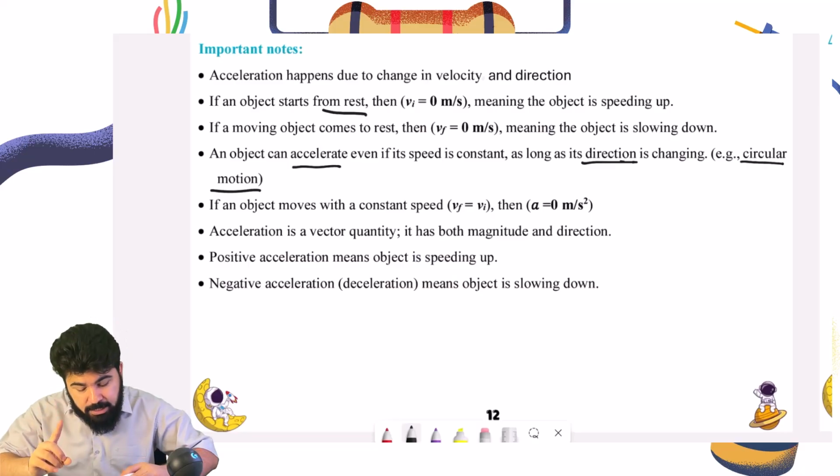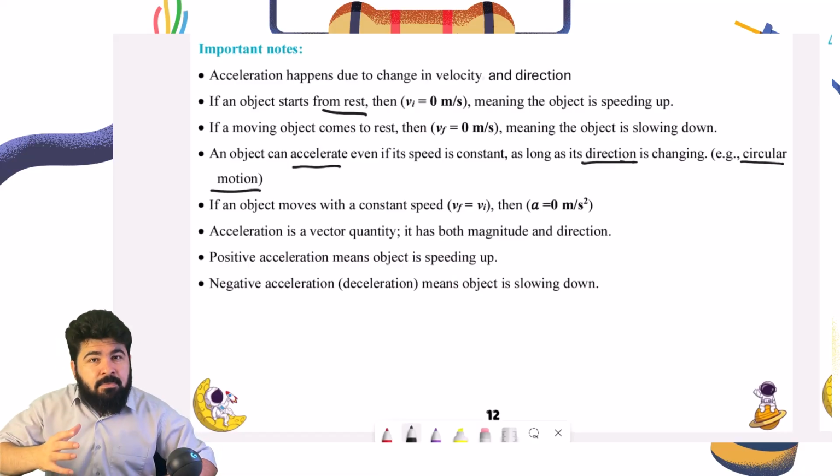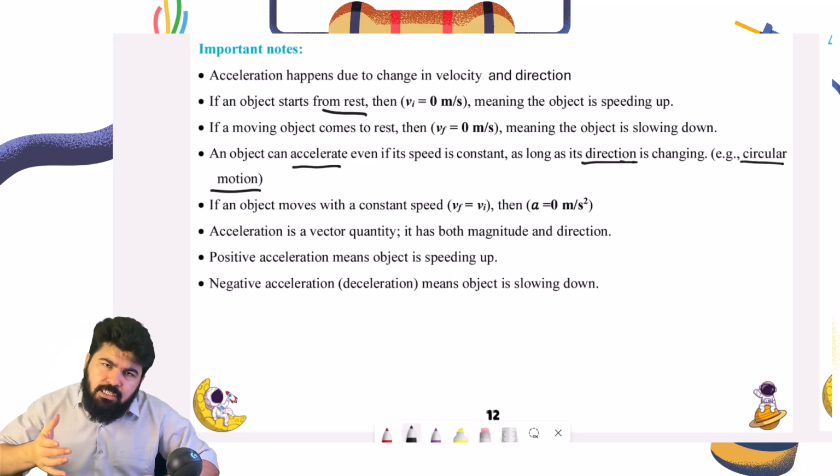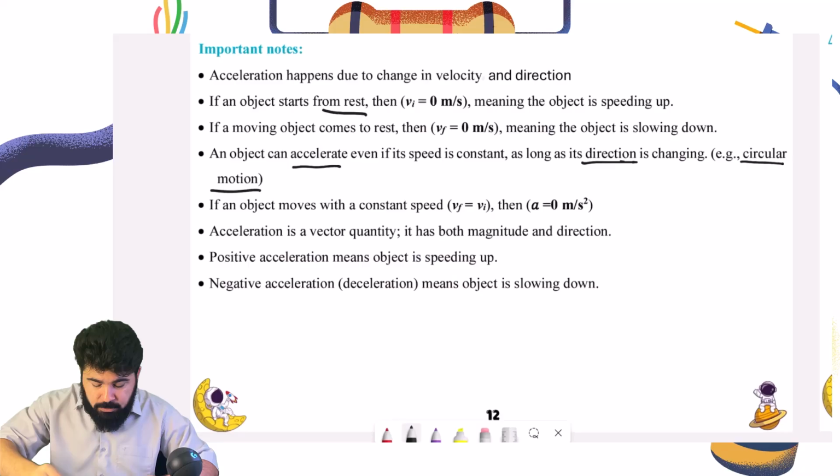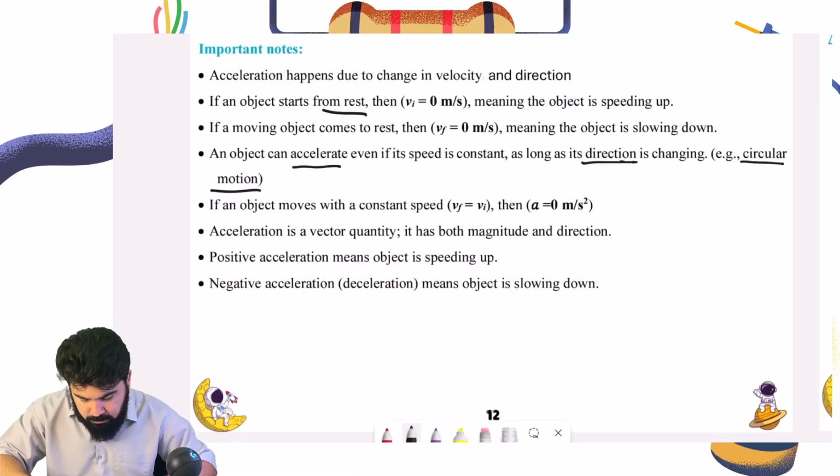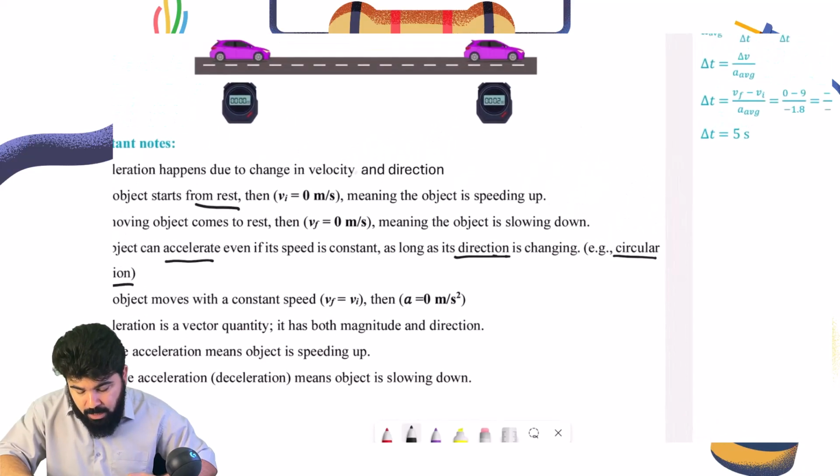If the speed is constant, acceleration is 0. Positive acceleration means the speed of the object is increasing, or speeding up. Negative acceleration has another name, deceleration. It means the object is slowing down.